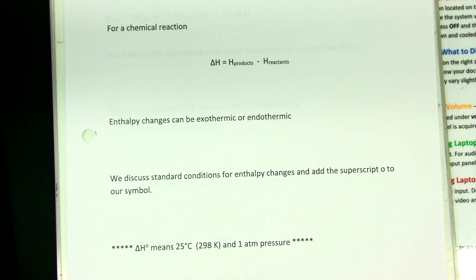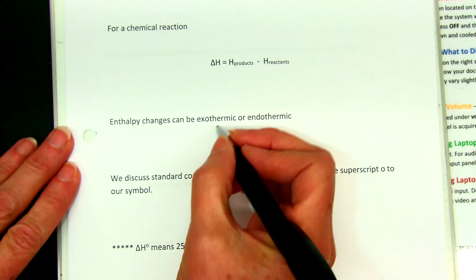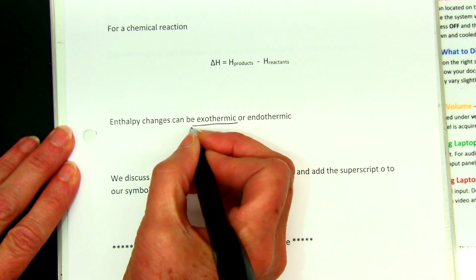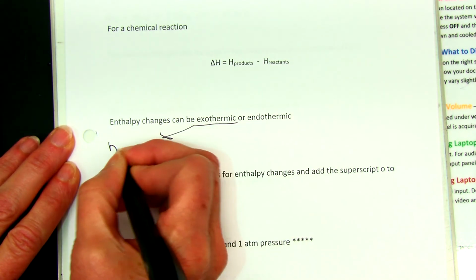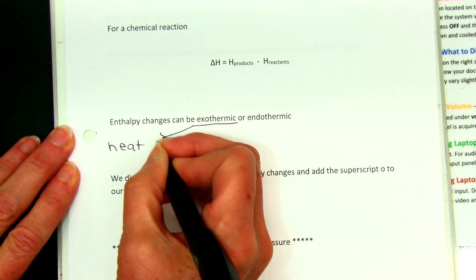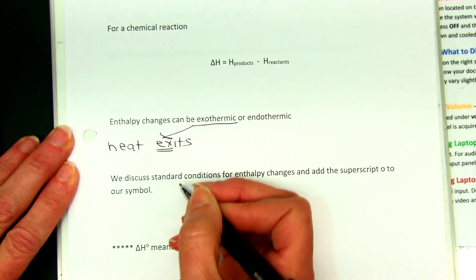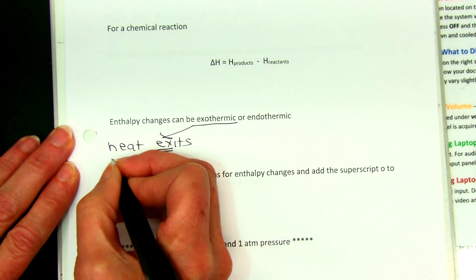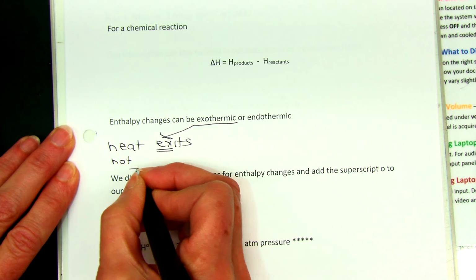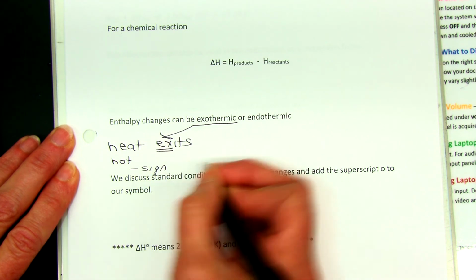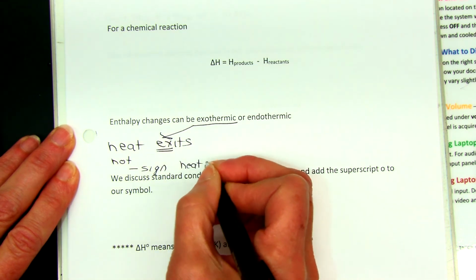And these can be either exothermic or endothermic, two vocabulary words. When it is exothermic, then heat exits the system, and exit is exothermic. It feels hot, and we have a negative sign because heat is a product.